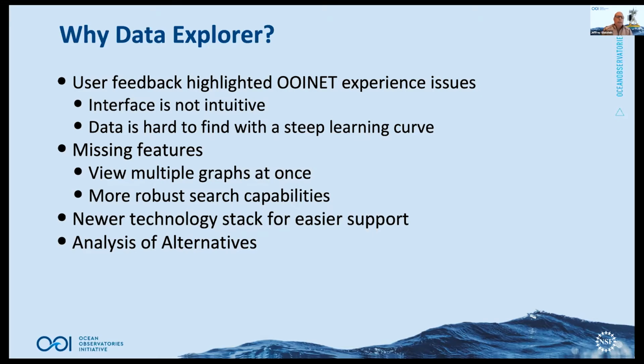I'd also heard about some missing features, such as being able to view multiple graphs at once, or more robust search capabilities. And then selfishly, managing the technology, we wanted a newer technology stack to make it more easily supportable. We were finding that support of it to get from point A to point B was taking a little bit more time than we would like. This led us to an analysis of alternatives.